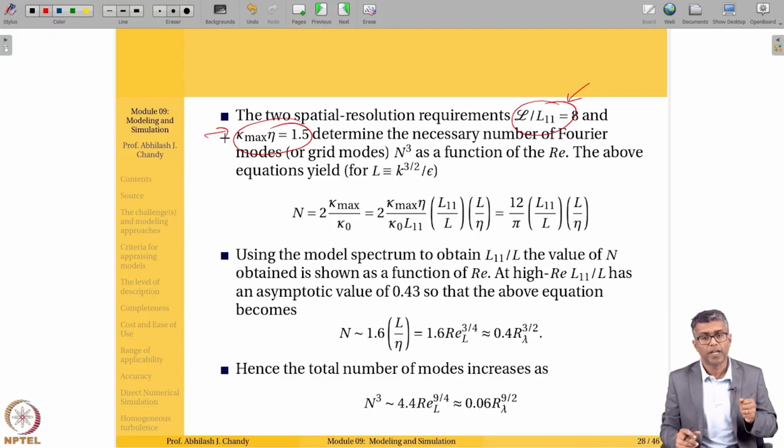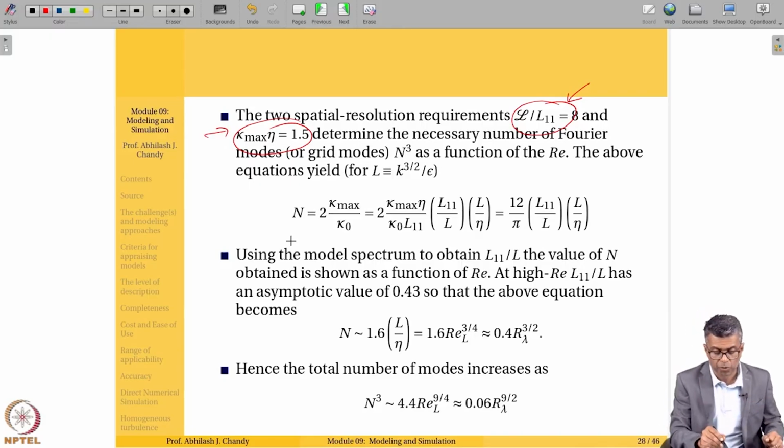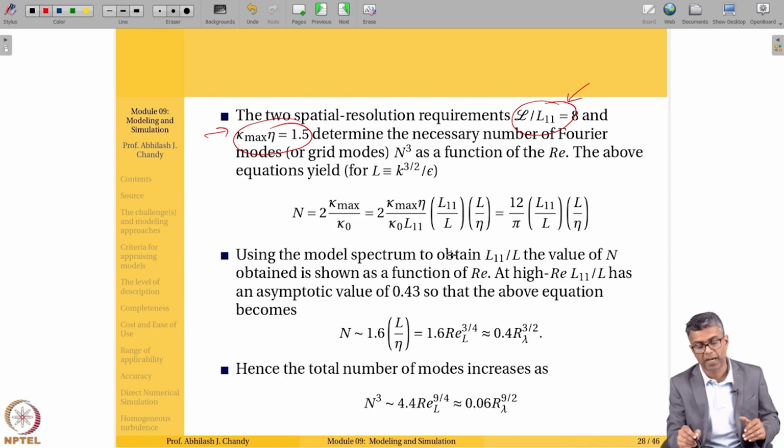So here, if I want to find out n, it is going to be equal to 2 kappa max over kappa naught. I divide and multiply by eta, I divide and multiply by L11, and I divide and multiply by L. Kappa naught was already there, so I don't need to divide and multiply by it.